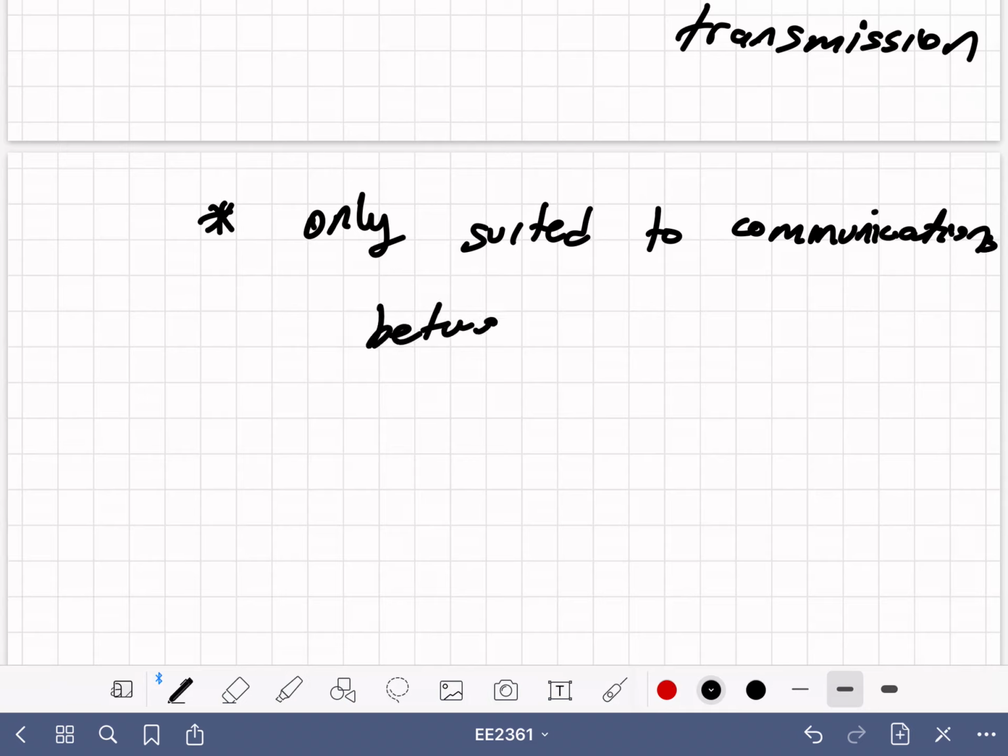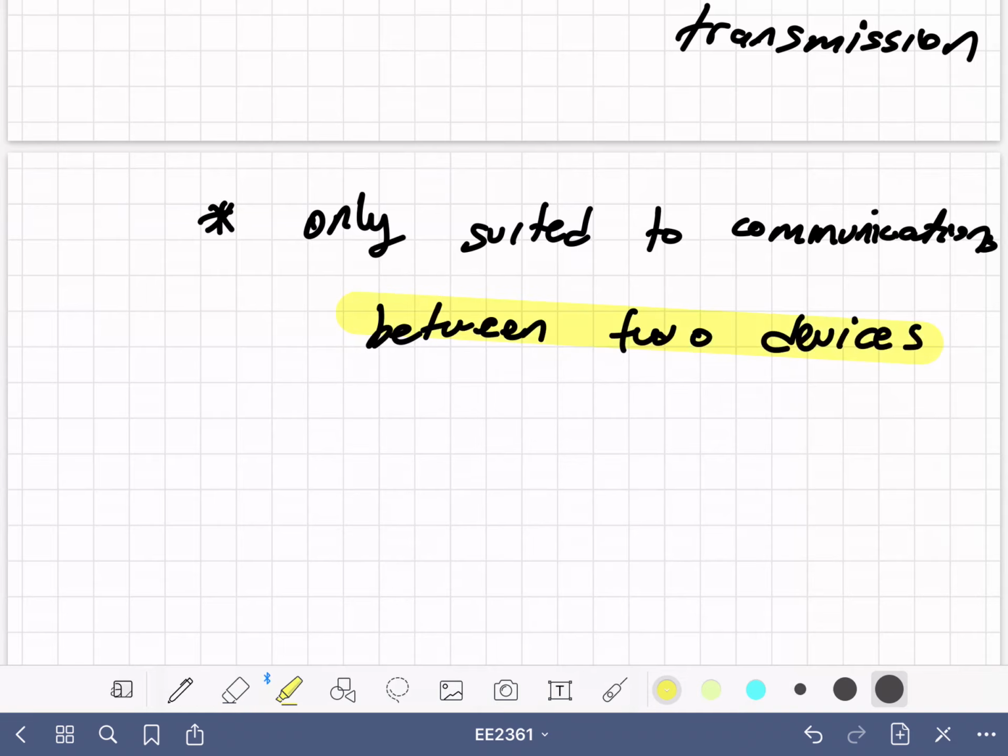This is important because you cannot scale it like you can with I2C and SPI, where many devices can communicate with each other. They are a little bit different, but they can. With UART, only two devices can communicate with each other. So, not scalable.